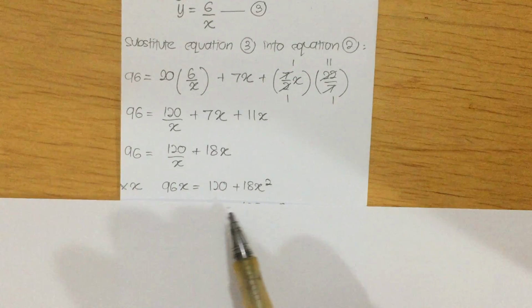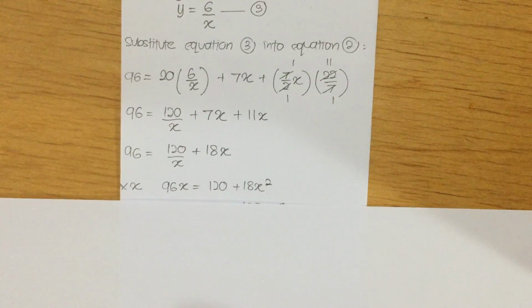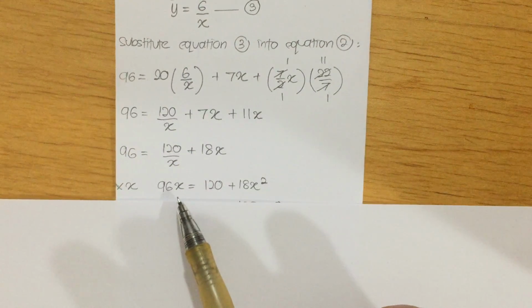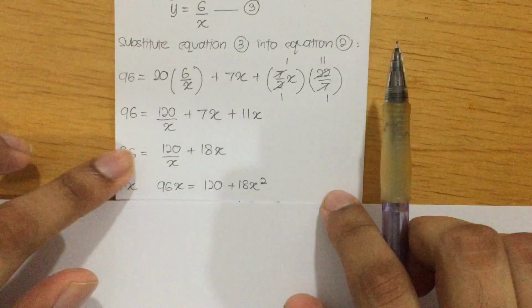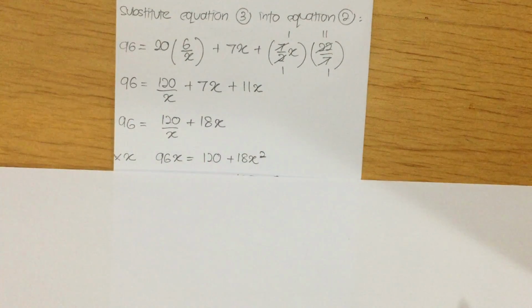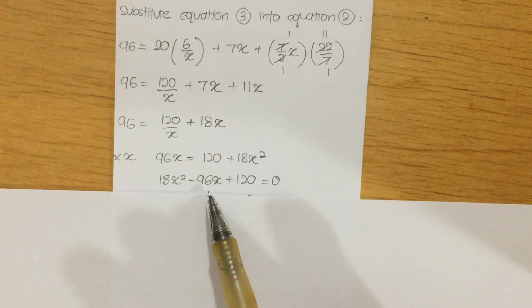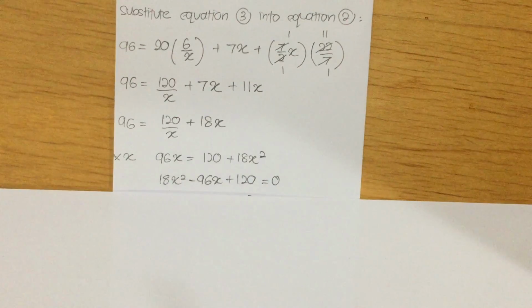Guys, if you notice here, we are already forming a quadratic equation. So what we're going to do now is move this 96x from the left hand side to the right hand side. Let us continue. So from here we get 18x squared minus 96x plus 120 equals 0.